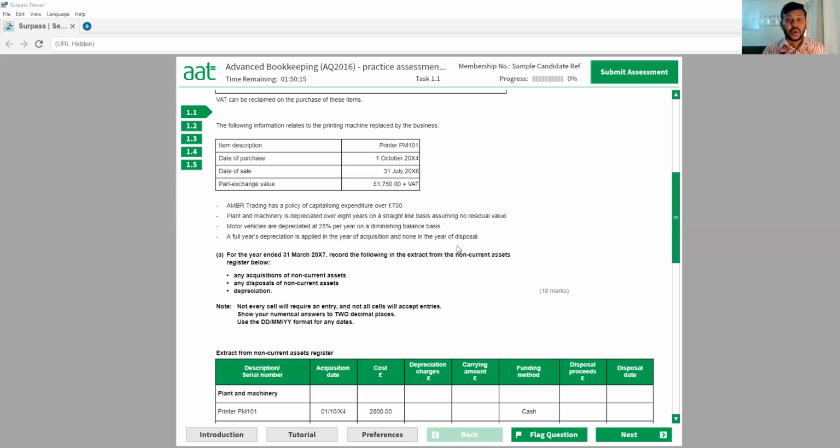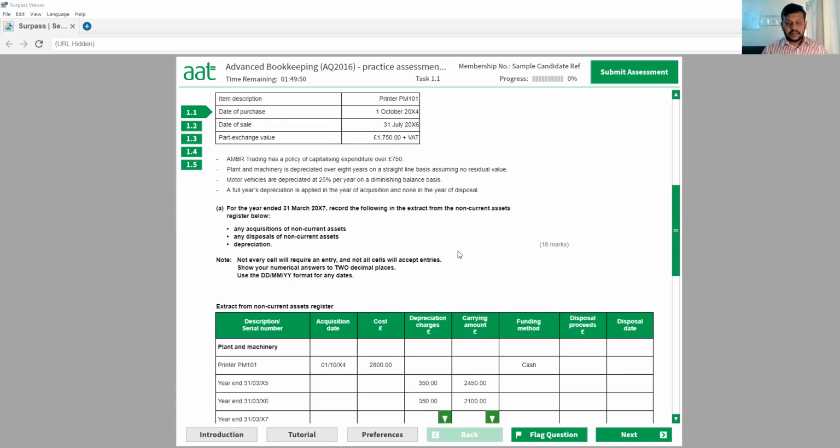I'm going to charge for the whole year because the question said full year depreciation will be charged in the year of acquisition and no depreciation in the year of disposal. So the year I sell the asset, even if I'm selling at the very end of the year, I'm still not going to charge any depreciation because the question said don't do it.